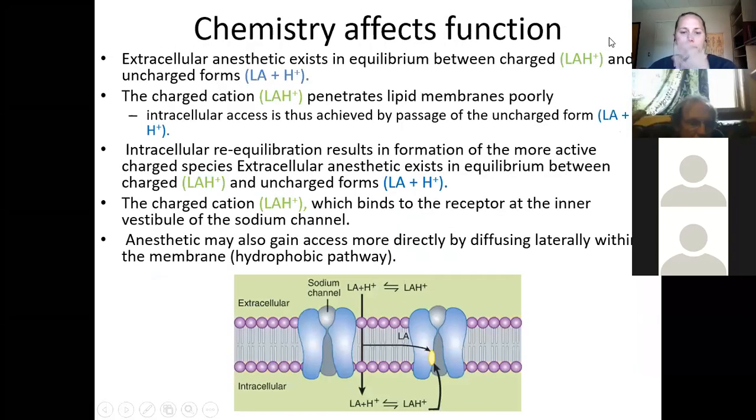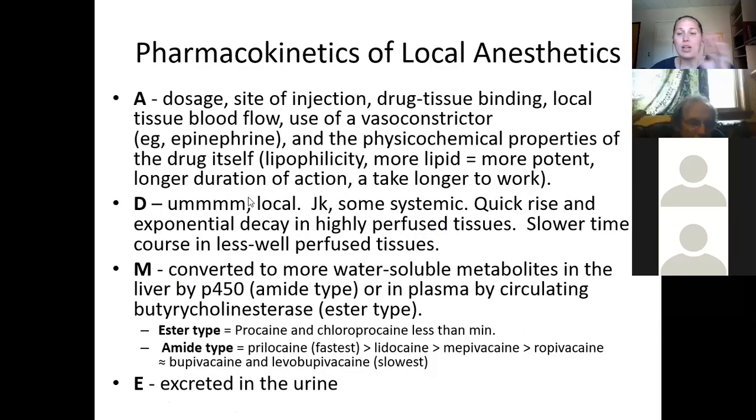So what I've done here, just to reinforce this charged and uncharged state, was to show different colors of the charged and uncharged state and where they're going in the pathway, whether they've passed through the membrane or not. And so, running through the ADME of local anesthetics.